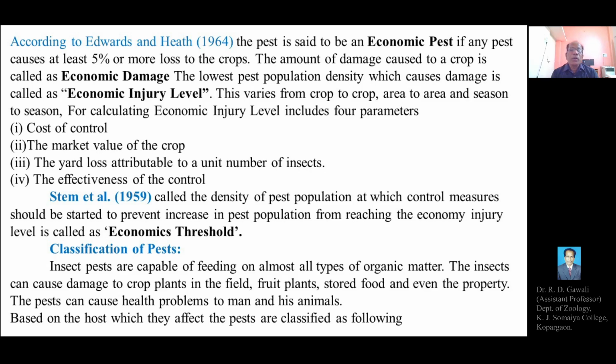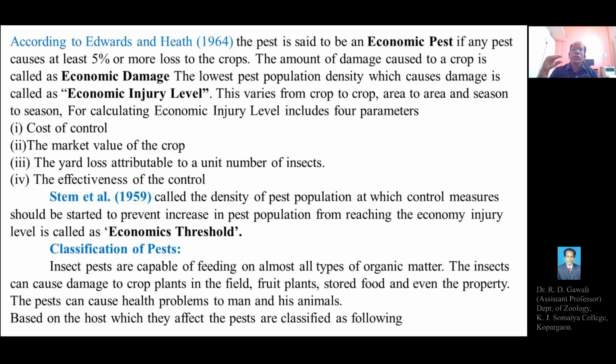The insects can cause damage to the crop plants in the field, fruit plants, stored food or even stored food grains, and even property. Pests can also cause health problems to man and his domestic animals.